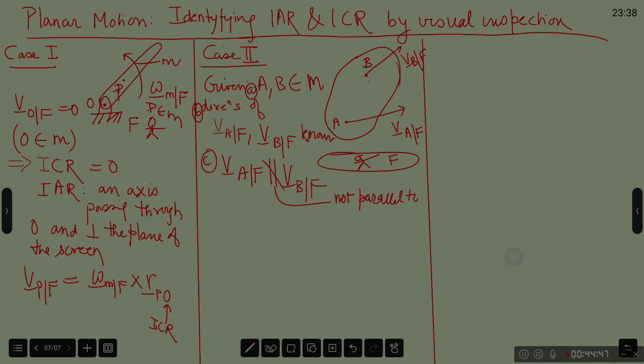How do we find instantaneous axis of rotation and instantaneous center of rotation?